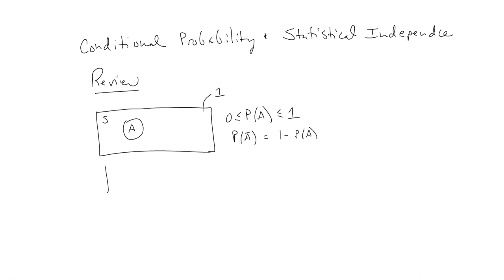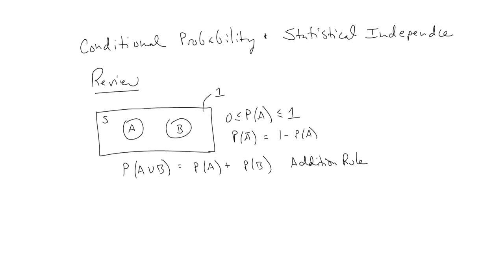So if I throw in another event here, B, and they're not touching, they're not intersecting, they can't happen together, then the probability of A or B is just going to be the addition of those two. So this is what we call the addition rule. Really, really advanced rule there.